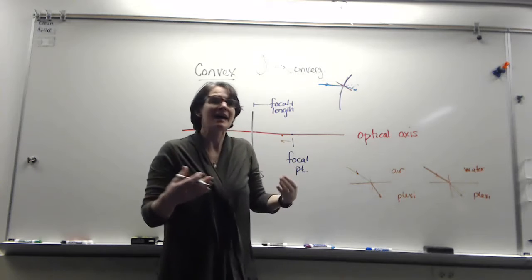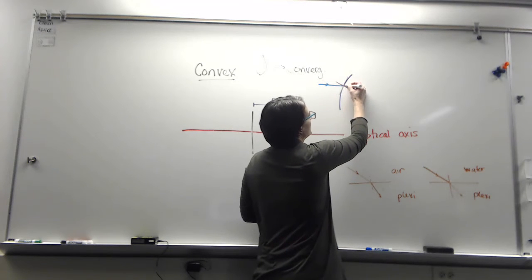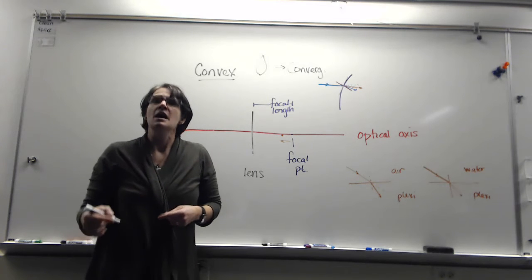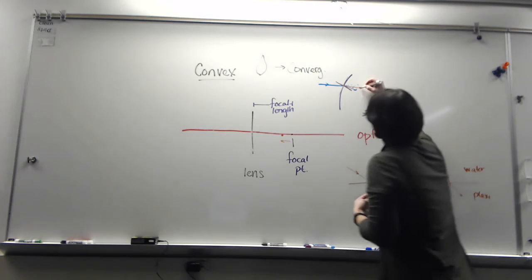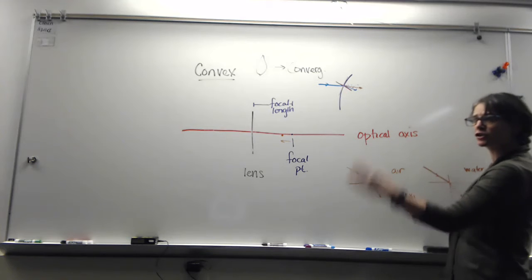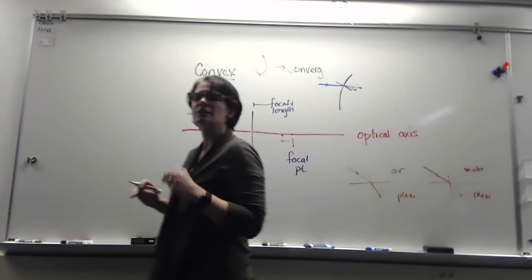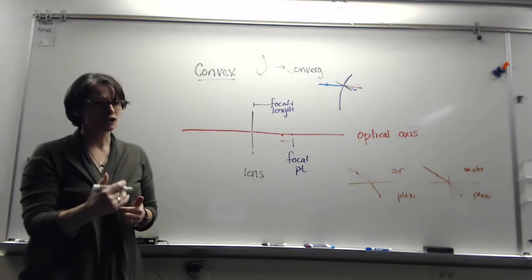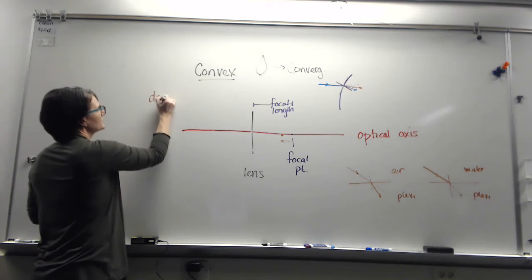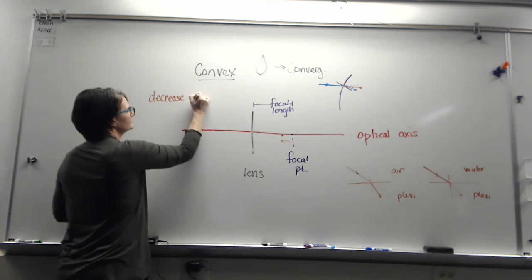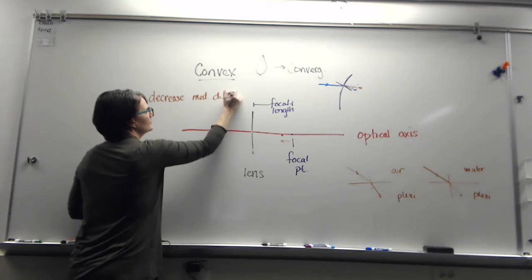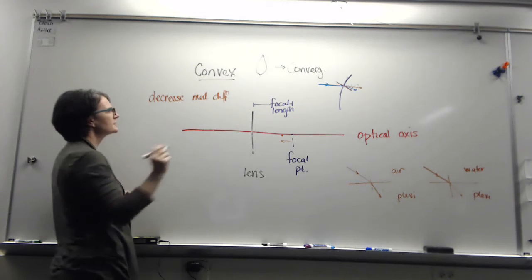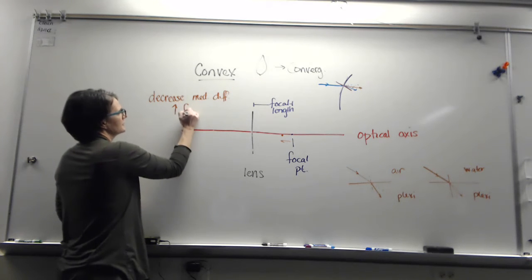And I will get less refraction in that case because the difference in mediums is less. Therefore, less refraction is going to cause it to take a further distance for those rays of light to come together. So as I decrease the difference in mediums, and that's the optical density, the index of refraction, those two words, I will increase the focal length.